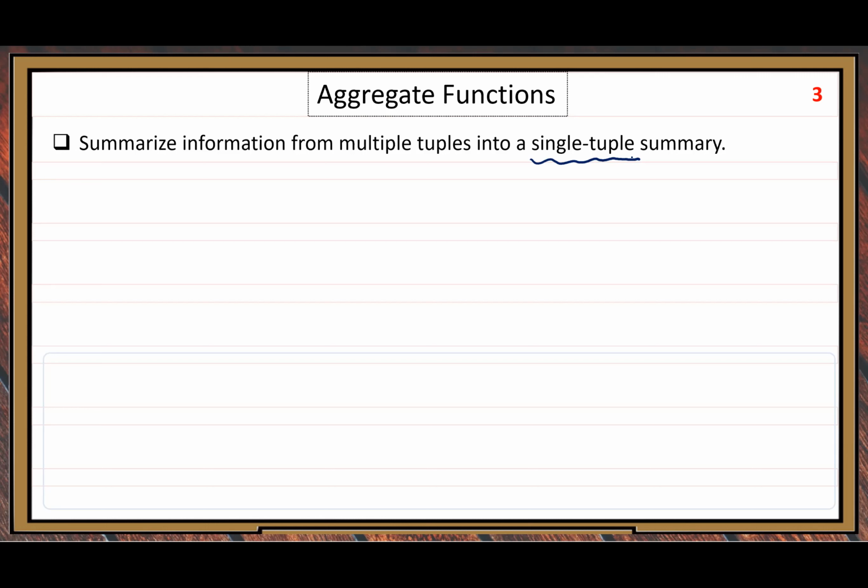So you apply those aggregate functions on a whole table in a certain way, and it returns one tuple result. Many times the function returns just one number.